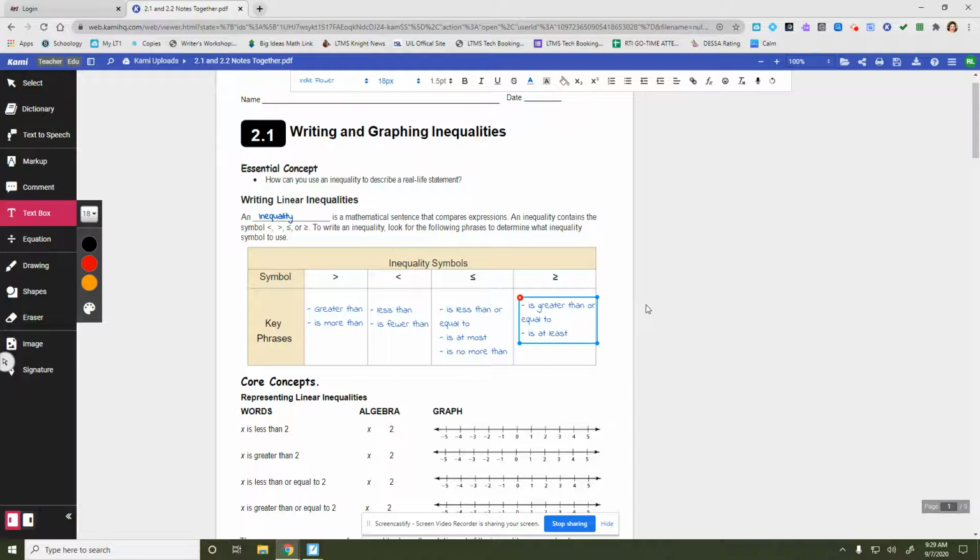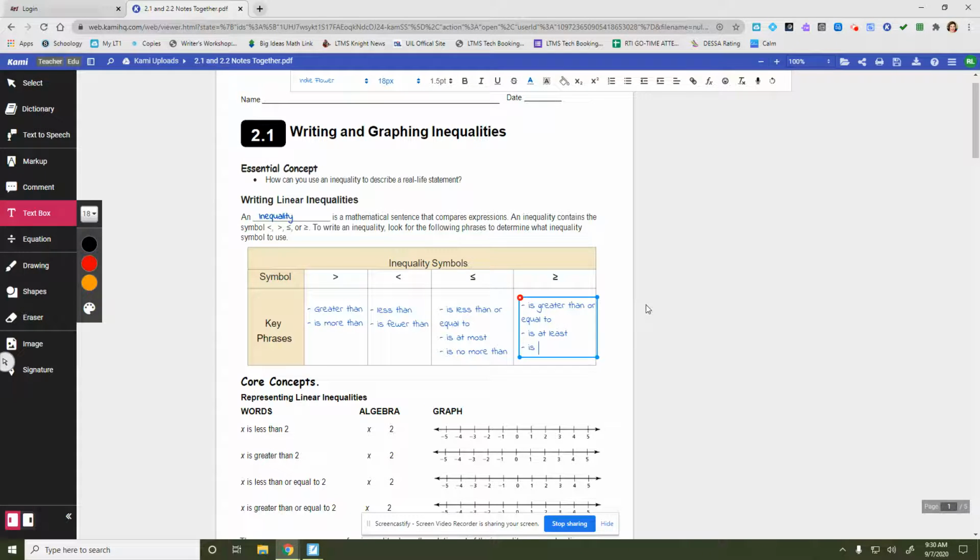The word least might trick you into thinking, oh, least, that's going to be a less than, but it's actually a greater than or equal to symbol. If I want to say my goal for this year is to have a grade of at least an 85 in algebra class, that means that I want my grade to stay greater than or equal to 85. I don't want it to be any less. That's the lowest I want. So even though the word least is in there, it actually means a greater than or equal to sign.